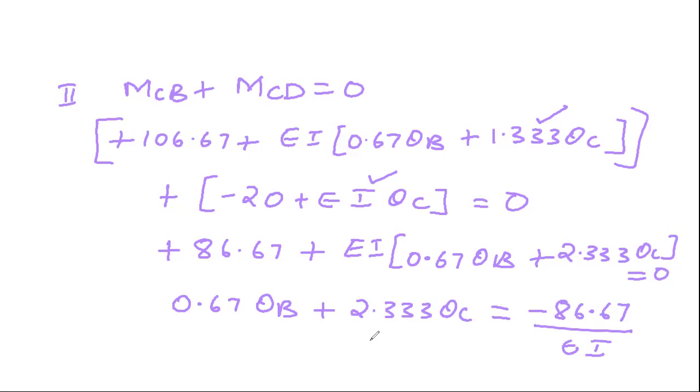If you solve equations 7 and 8, please take your calculator and you can solve it directly. Use the equation mode in the calculator, and solve for theta B and theta C by solving equation 7 and equation 8.